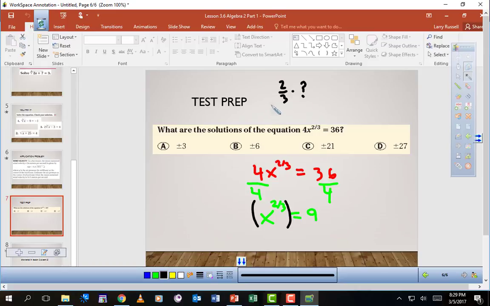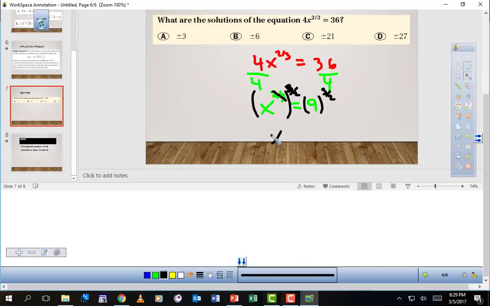Well, the usual trick is to use the reciprocal. So if I put 3/2 here, then these are going to cancel, and the 2's are going to cancel. So the trick is to use 3/2 here, and raise this also to the same exponent, 3/2. Okay, so this 3/2 and this 2/3 will cancel, and so what we have left here is x.